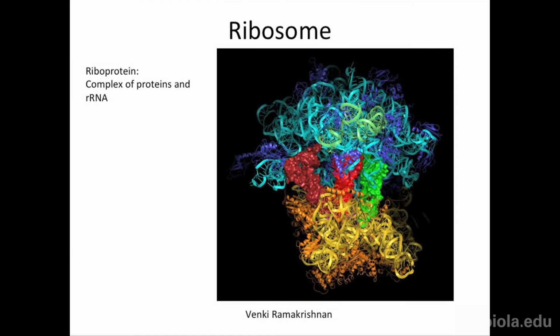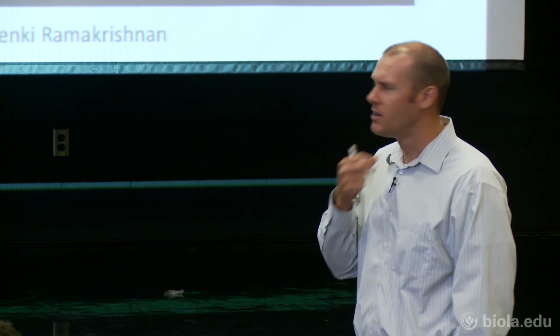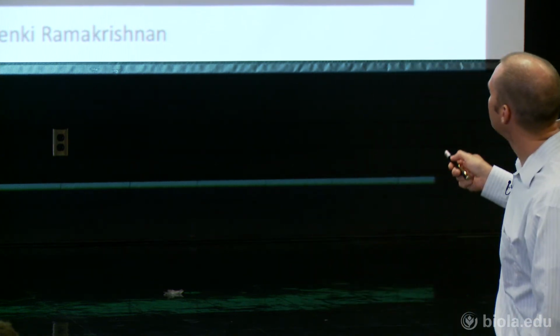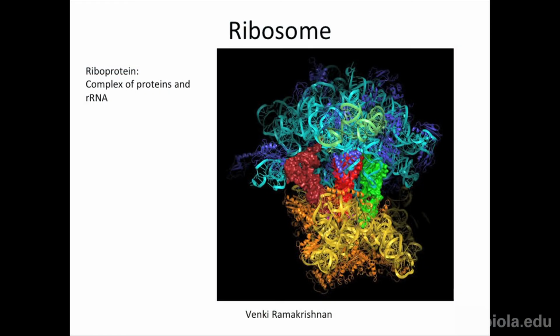This is an amazing, amazing picture. This is the crystal structure of, I think, a bacterial or a yeast ribosome complex. So the ribosome is a very intricate, very huge, multifaceted enzyme. In blue here, these are ribosomal RNAs, specific RNAs that have been made off of the genome for the purpose of being in the ribosome, okay?